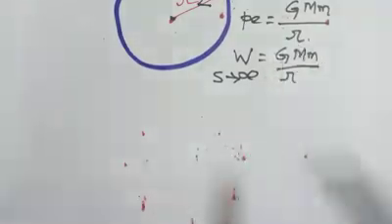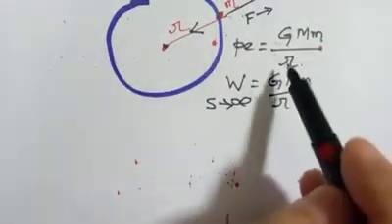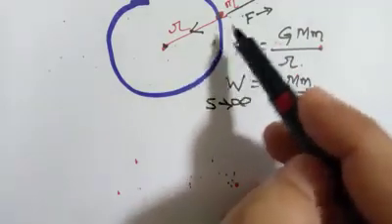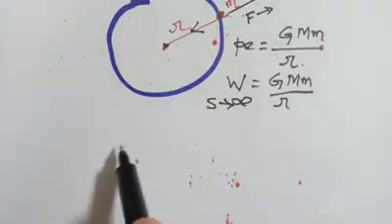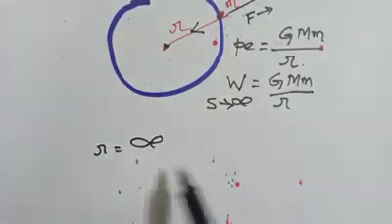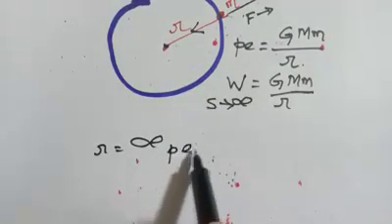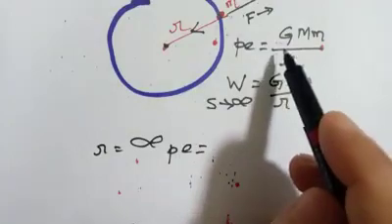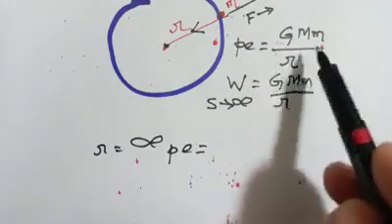Now when we are taking the potential energy at the surface of the earth in this equation, what happens when I push this object far above? So the radius or the length will become infinite, right? So I put in this equation R equals infinity. And then if I substitute that, Pe equals G, which we know is 6.67 multiplied by 10 to the power minus 11. I'm not going to the detail.